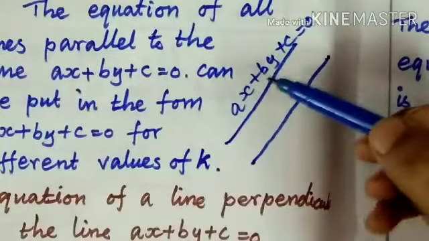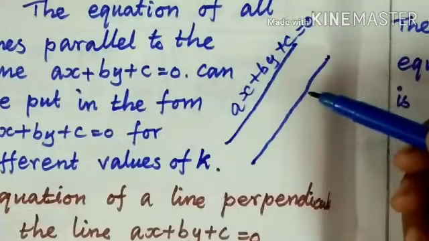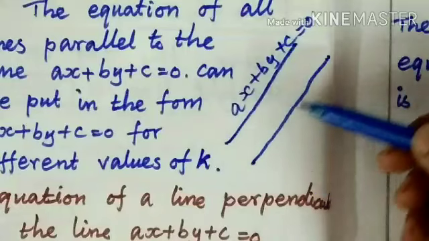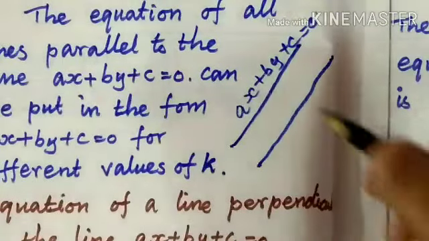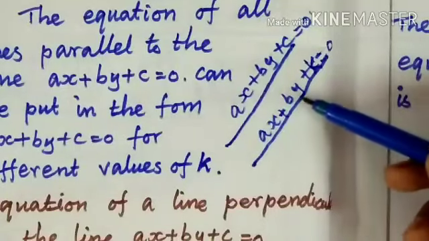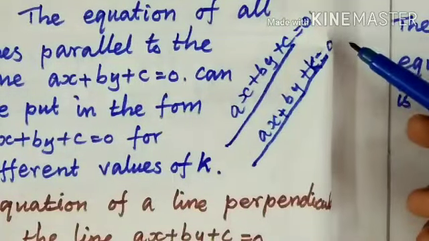This line is parallel to the given straight line. Now we have to find the equation of this line. Hence the equation is ax plus by plus k is equal to 0.